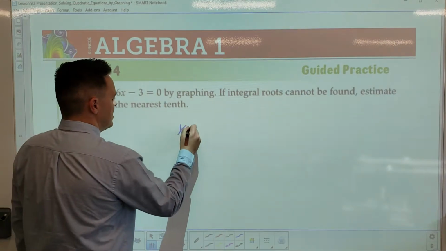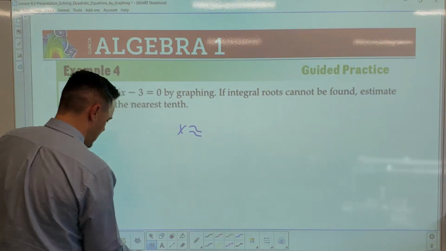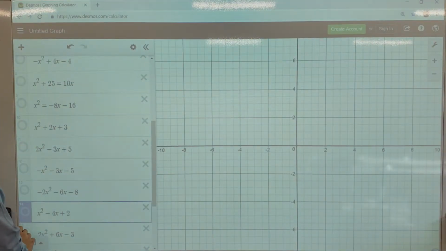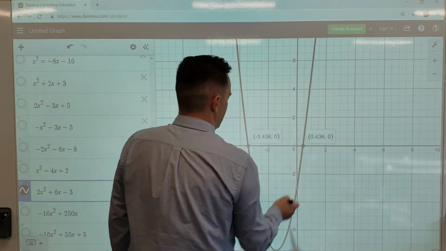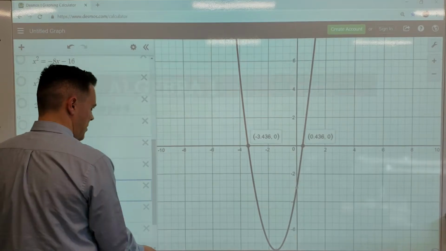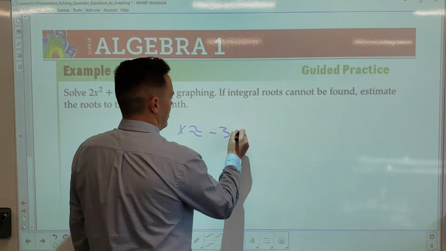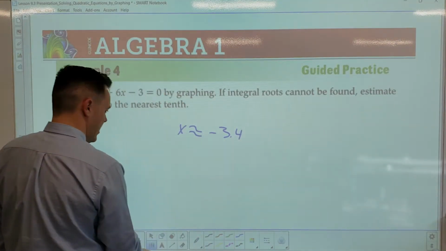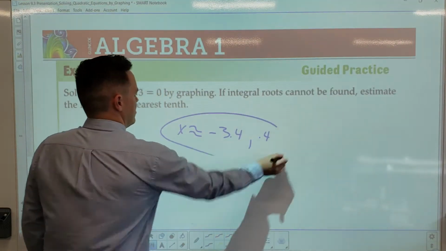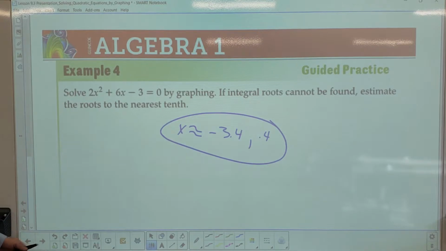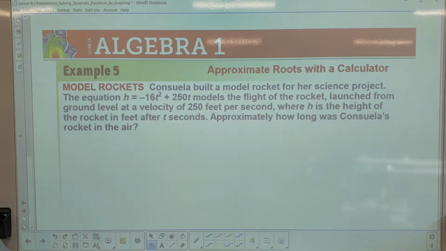So this one is going to be x is approximately, if you close that down, let me turn the graph on. It is approximately negative 3.4 and 0.4. Is it positive or negative? I didn't see that part. Positive. Okay, so there's your answers. All right, so hopefully you guys understand. Just graph it, round it to the nearest tenth.